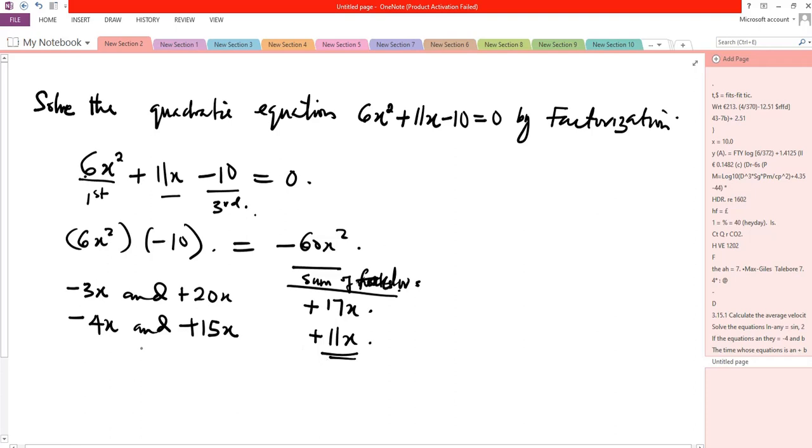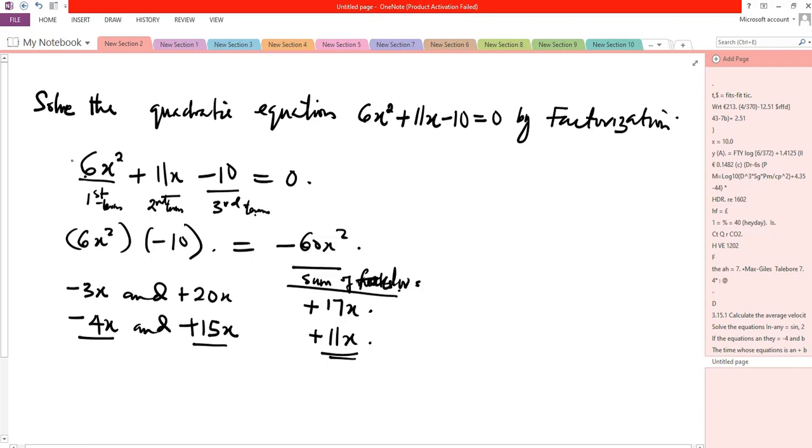We have gotten the two factors that, when you multiply them, give this value here, and when you sum them together, give the middle term.